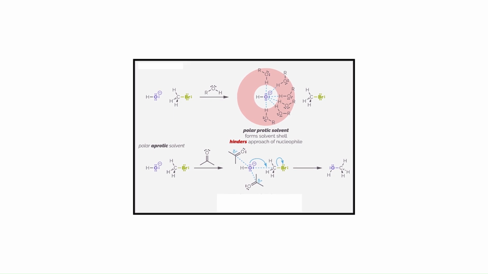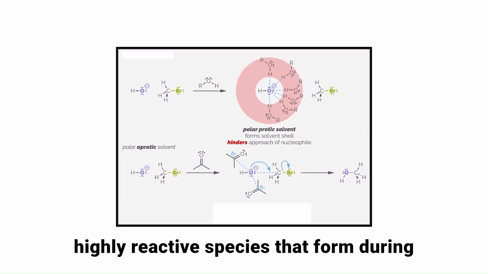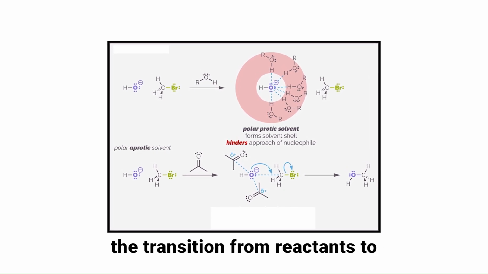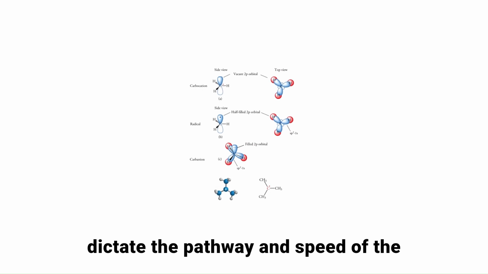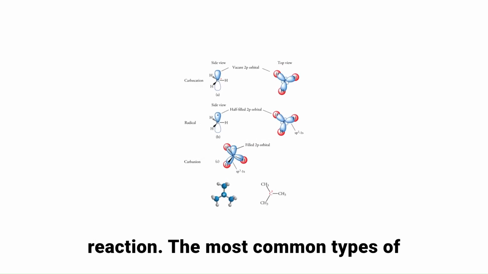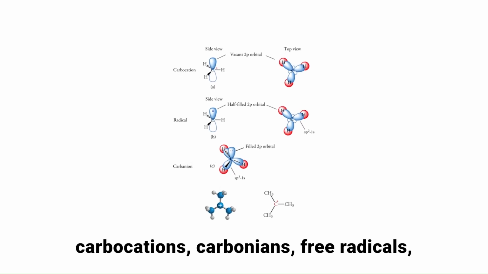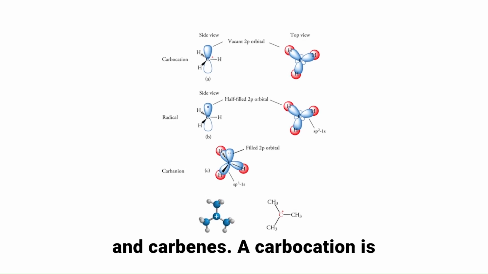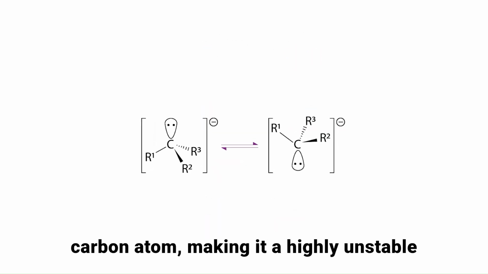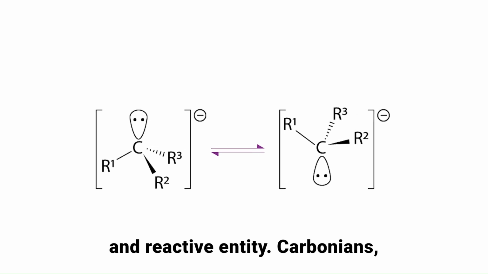Reaction intermediates are short-lived, highly reactive species that form during the transition from reactants to products. These intermediates dictate the pathway and speed of the reaction. The most common types of reaction intermediates include carbocations, carbanions, free radicals, and carbenes. A carbocation is a species with a positively charged carbon atom, making it a highly unstable and reactive entity.